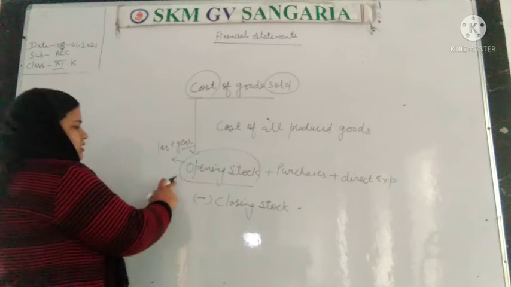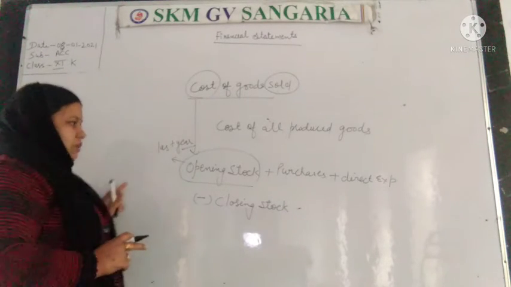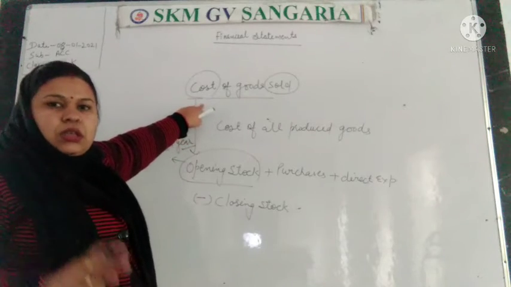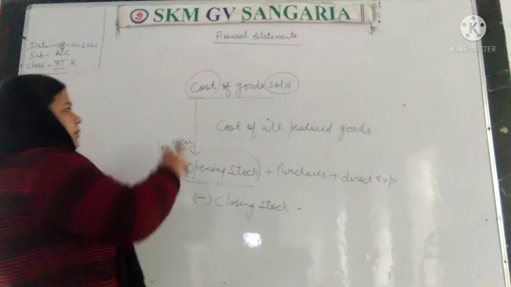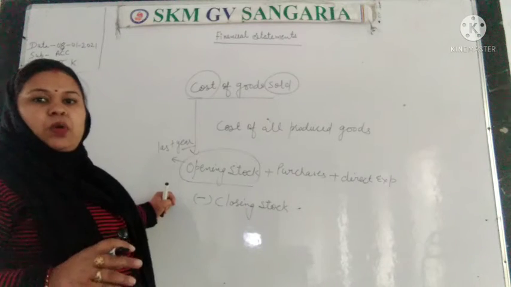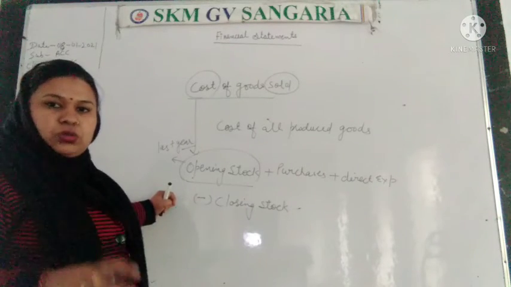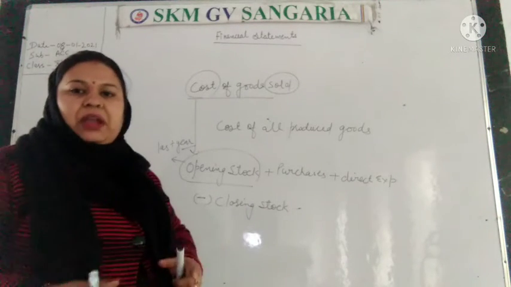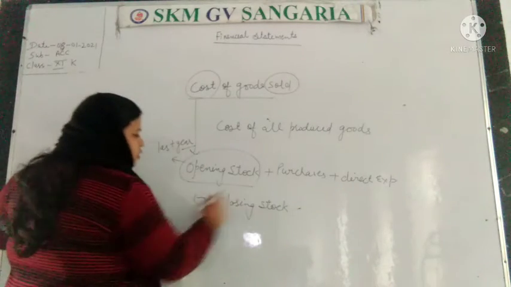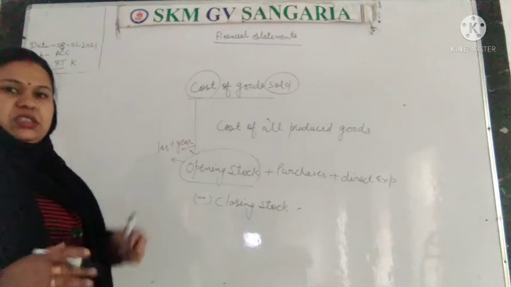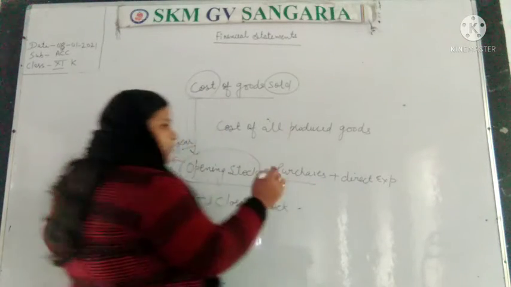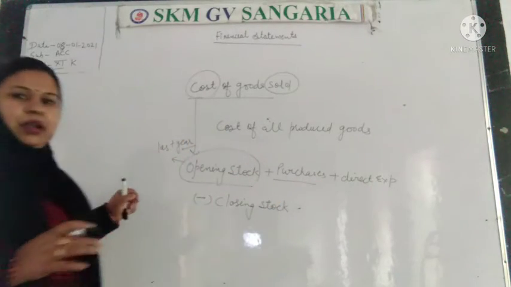It was produced in the last year, but it will be involved in the cost of goods sold because the cost of goods sold specifies the cost which has occurred on the sold goods. मतलब जो goods को बेचा गया है उनको बनाने में कितनी cost आई थी, तो जो हम बेचेंगे, first of all we will sell the stock which is available with us, then we will produce. Okay, then we will produce the demanded product.